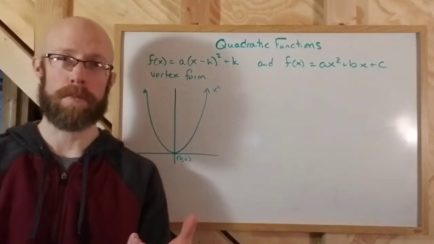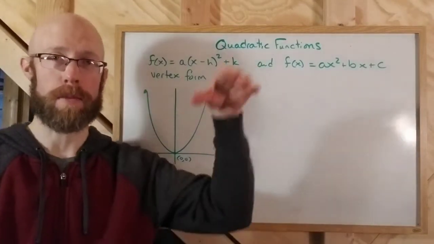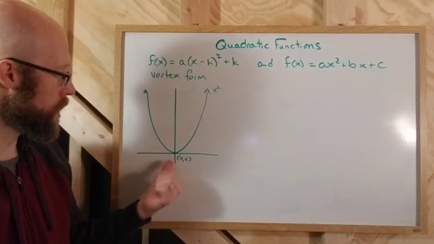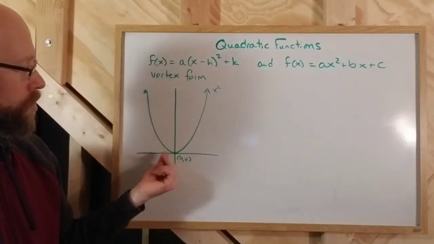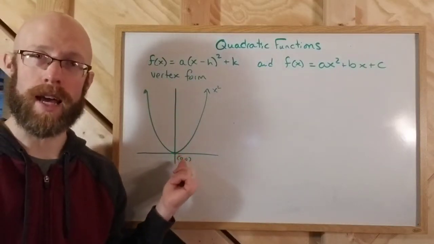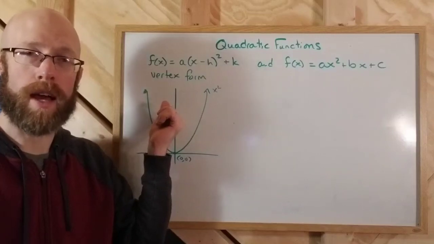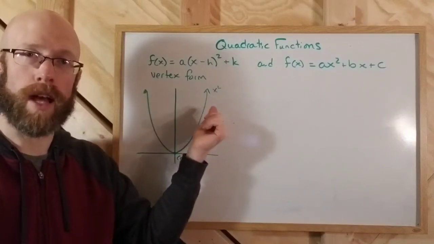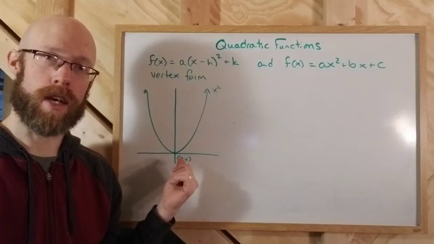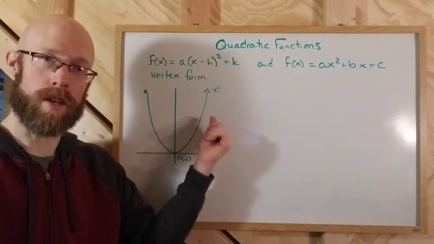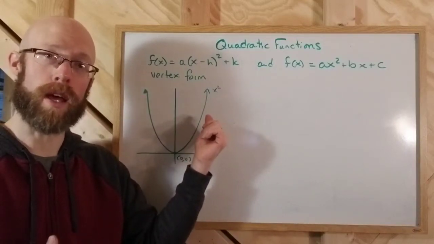Vertex meaning either the minimum or, if it opens down, the maximum. And so when you shift this graph by k units up or down and h units right or left, then that vertex will shift and end up at the point (h, k).